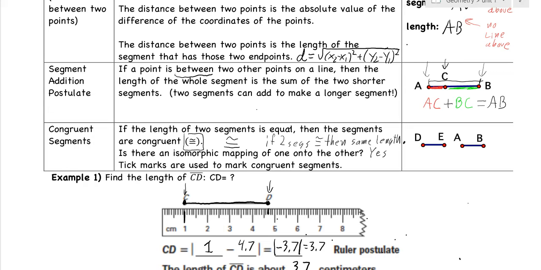Congruent segments are two segments that have equal length. And so by their definition, they're automatically isomorphically mapped. Marking diagrams is a big thing in geometry. We mark these diagrams with tick marks to show that they're congruent.